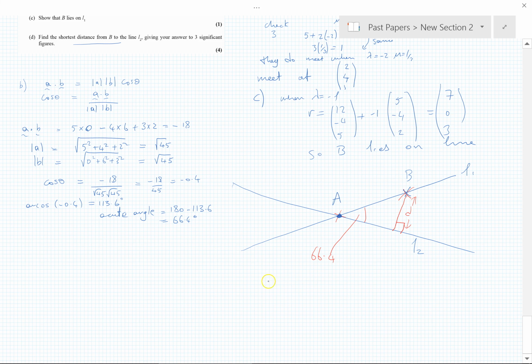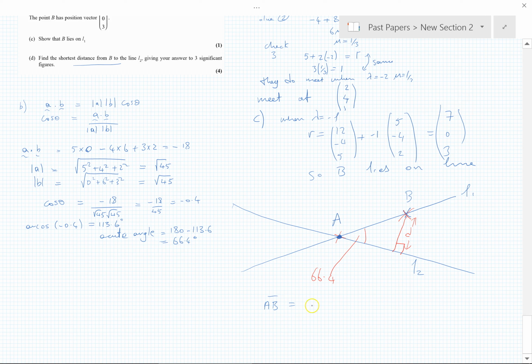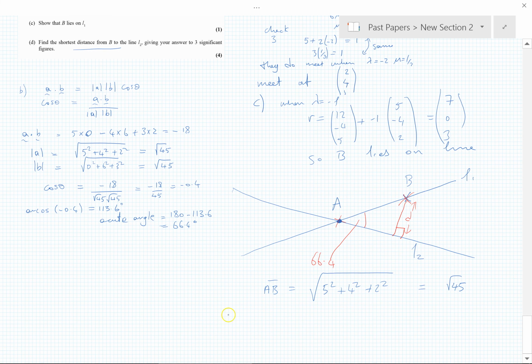Okay, so the distance AB is equal to the difference in the x coordinates, 2 and 7, so that's 5 squared, plus the difference in the y coordinates, which is 4 squared, plus the difference in the z coordinates, that's 2 squared. So that's 25 plus 16 plus 4, that's 45, so AB is the square root of 45. So now we can just do normal SOHCAHTOA on the triangle here.